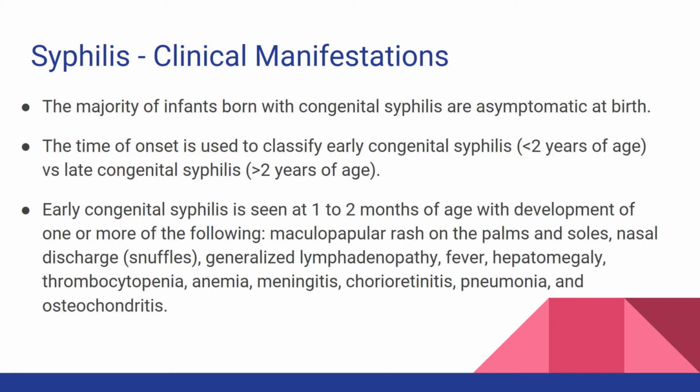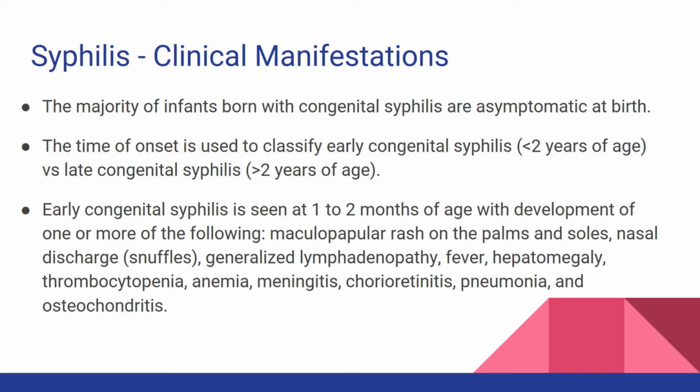Some clinical manifestations. So importantly, the majority of infants born with congenital syphilis are actually asymptomatic at birth. So you use two different onset times to classify congenital syphilis. That's early, less than 2 years of age, versus late, which is greater than 2 years of age. Early congenital syphilis is typically seen at 1 to 2 months of age with development of a number of different findings.